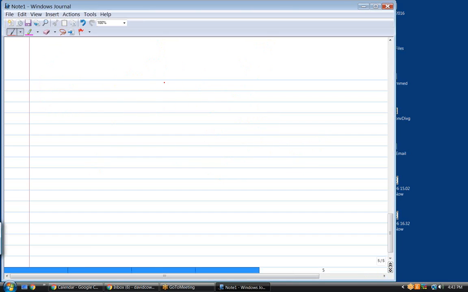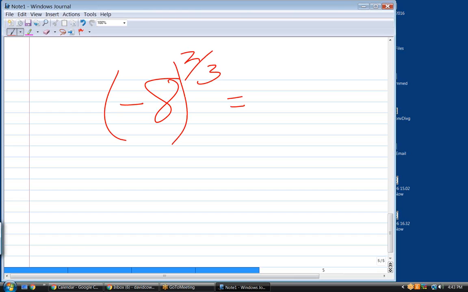Let's just take a different example here. How would I do this problem? Take the third root of it. Which is? Negative 2. And then square it, so I get that, right? Yes. Plug that into Wolfram Alpha and you do not get 4. What do you get? You get an imaginary number.